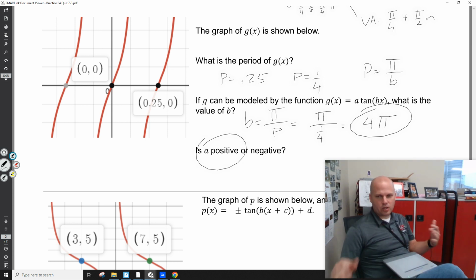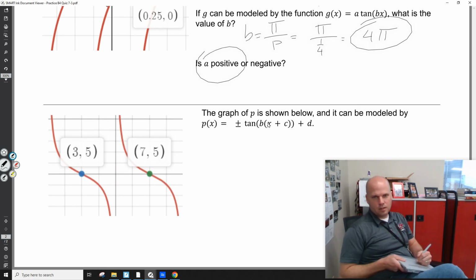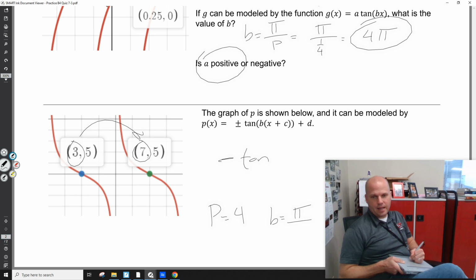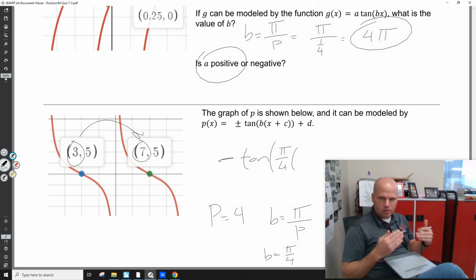It's not crazy. For example, here I said plus or minus. Well, my graph is a vertical reflection of tangent. I have a minus. I see my period. I start repeating myself every 4. My period is 4. Well, b for tangent is pi over the period. So b is pi over 4, okay? My parent function starts at 0. The tangent of 0 is 0.